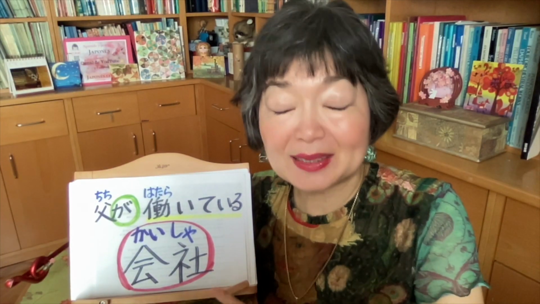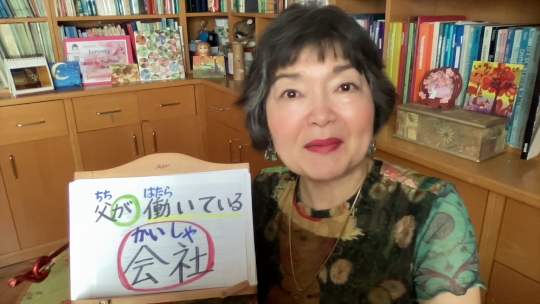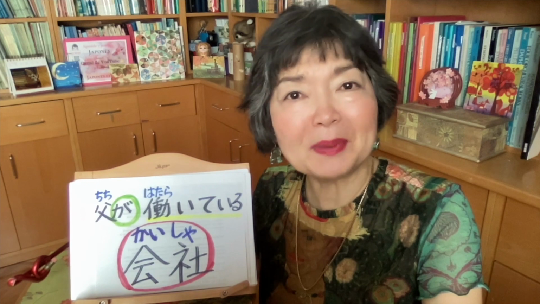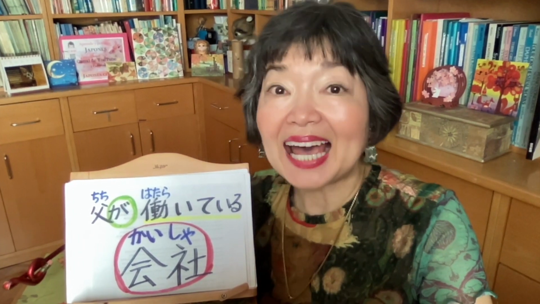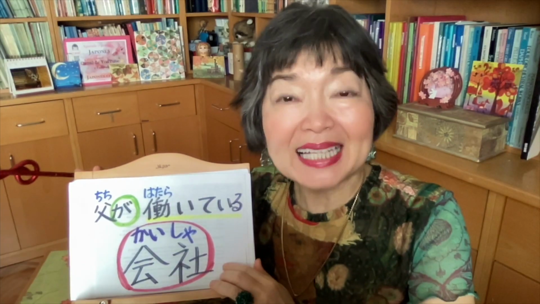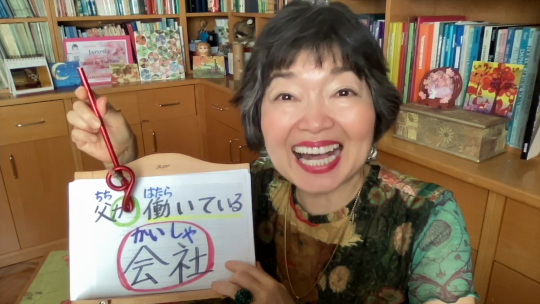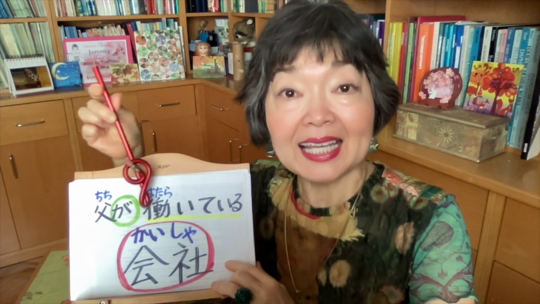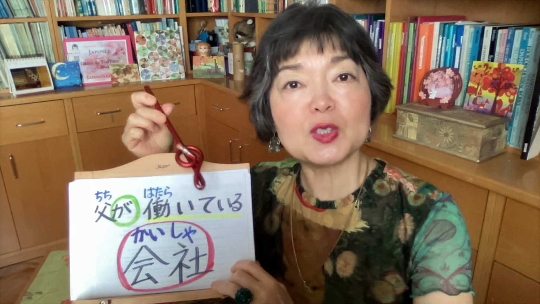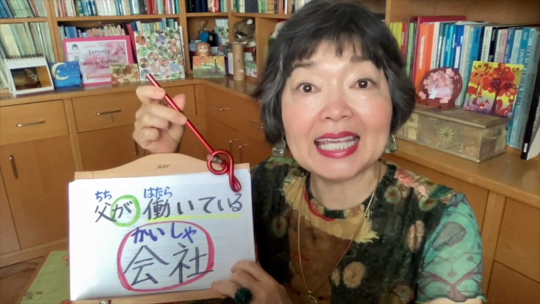At first, we're gonna think the original sentence. It means my father is working in a company. 父は会社で働いています. In the relative clause, we must change 父は to 父が, this particle, 父が, and 働いています we must change to 普通形, plain form, this is 働いている.